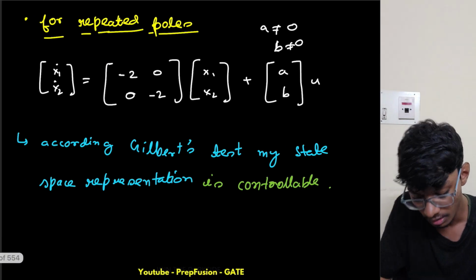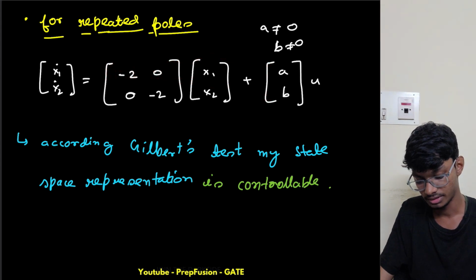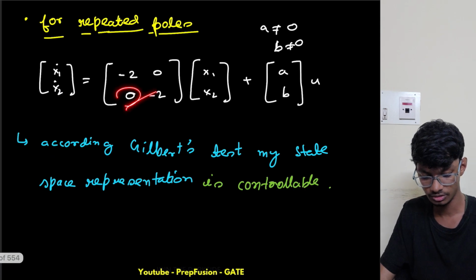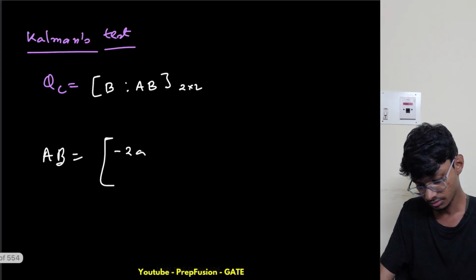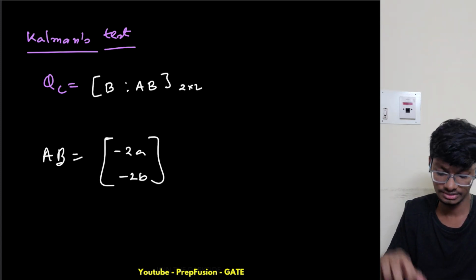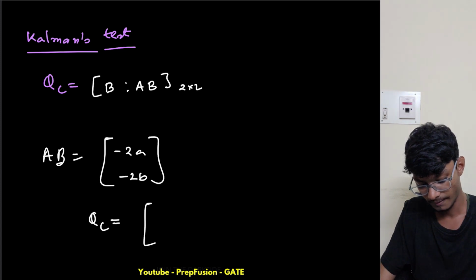If I find that, this is minus 2 times a and 0 times b, so this is minus 2a. This is 0 times a and minus 2 times b, so this is minus 2b. So my AB is this one and B is this one. My Qc is simply B and AB, that is a, b and minus 2a, minus 2b.